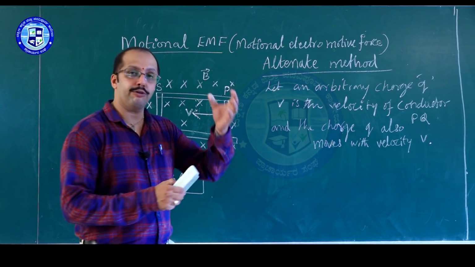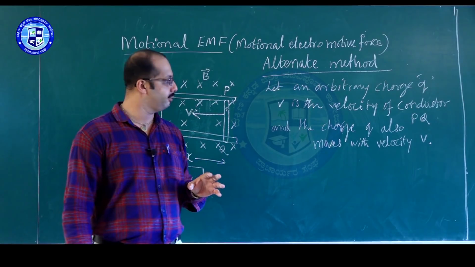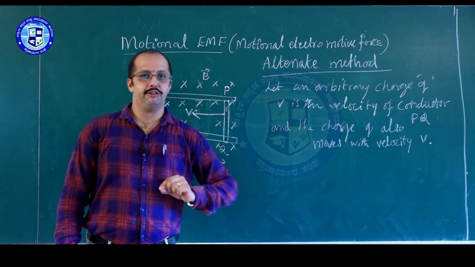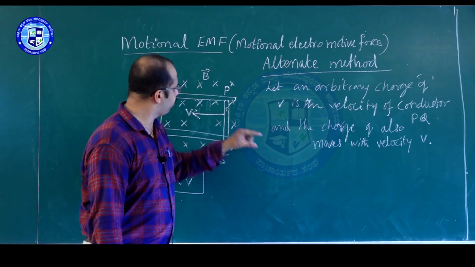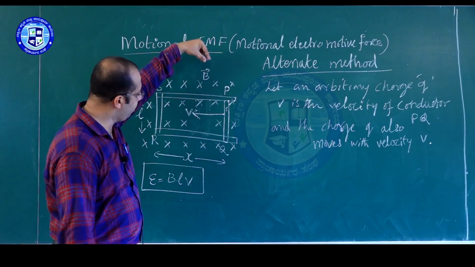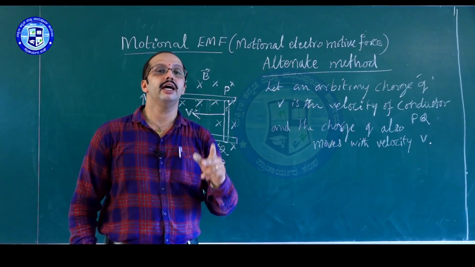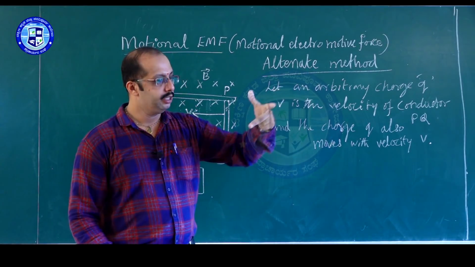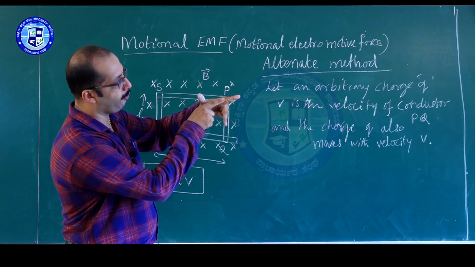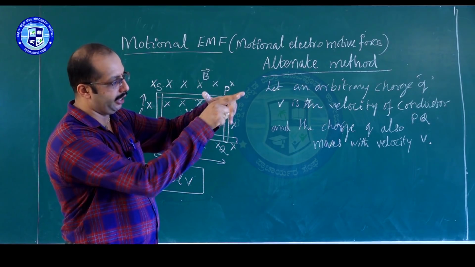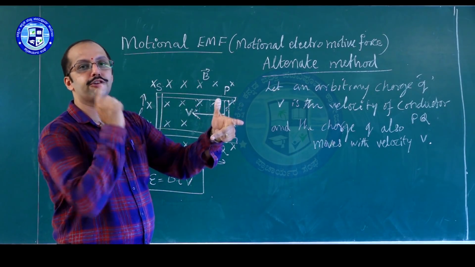The flow of charge gives the current, as we already studied in current electricity. The motion of electric charge gives the current. Here also the charges move in a particular direction, towards Q, according to Fleming's left hand rule. With the left hand, the forefinger indicates the magnetic field direction, the middle finger indicates the velocity direction, and the thumb gives the force direction.